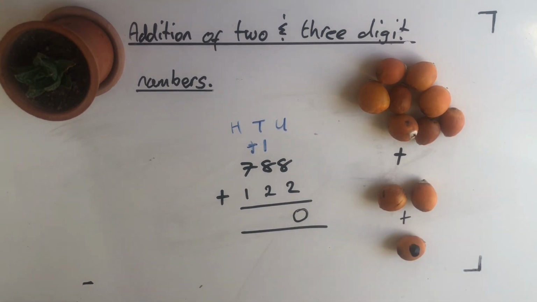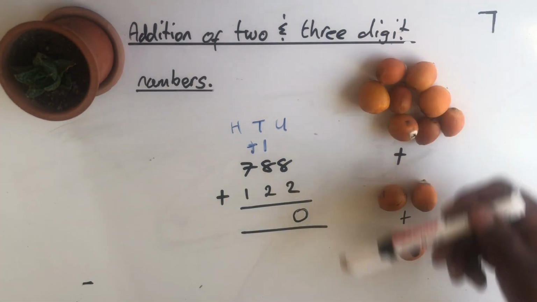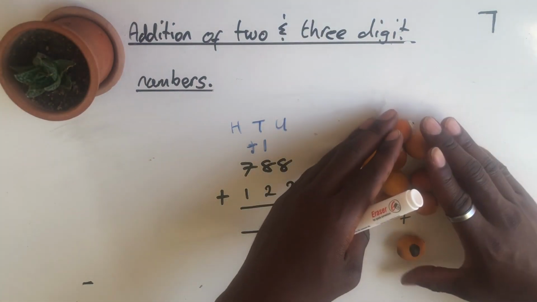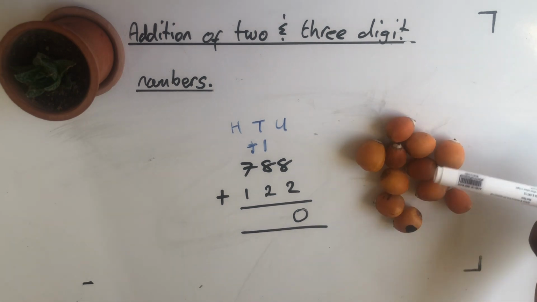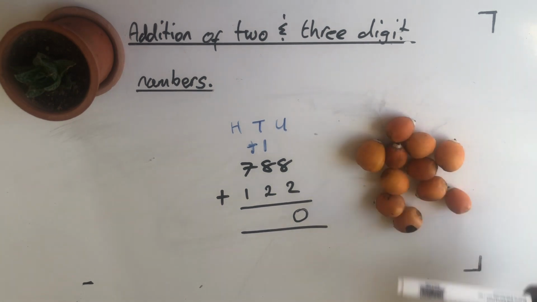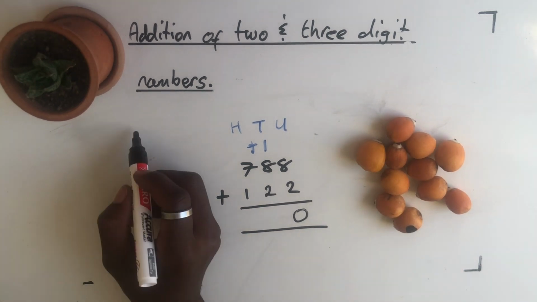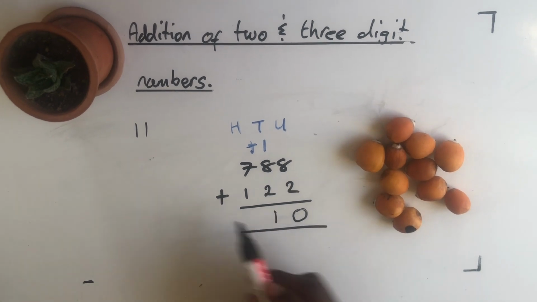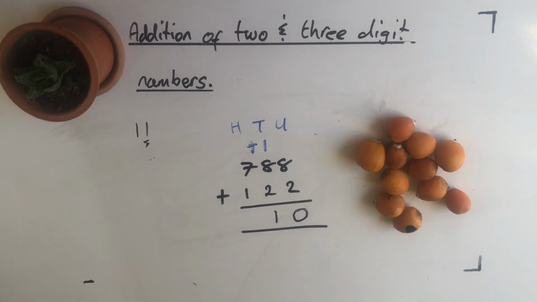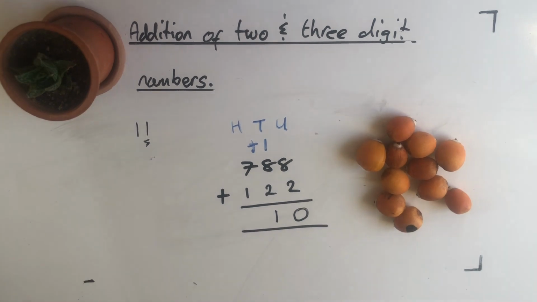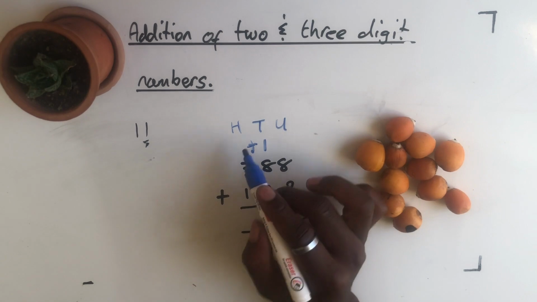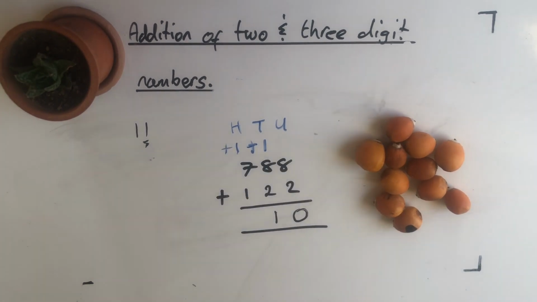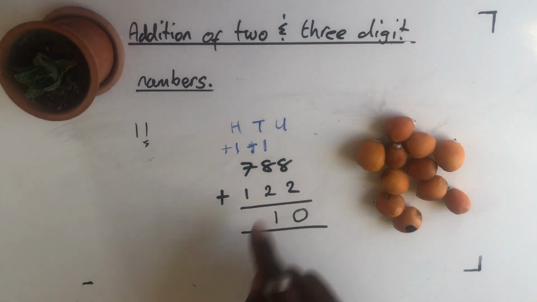Okay, right, so when we put these together, gives me 1, 2, 3, 4, 5, 6, 7, 8, 9, 10, 11. Okay, so now I have 11, right? So that one represents the tens, but yet again, now I have to carry again, right? So I do that. That is not a problem. Plus another one for the hundreds now, right?